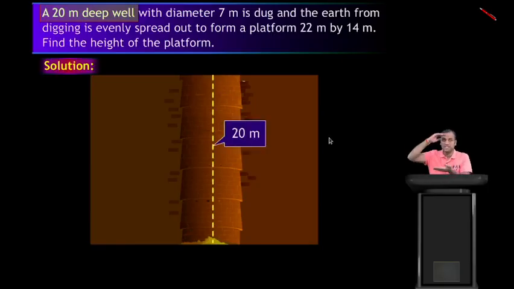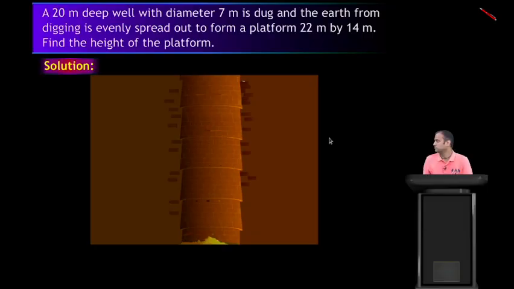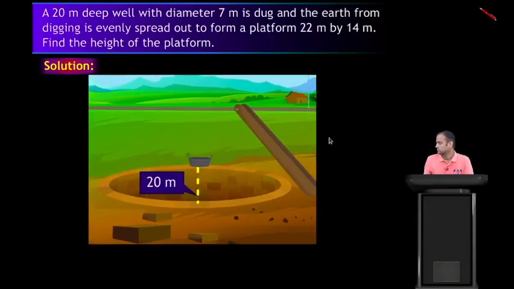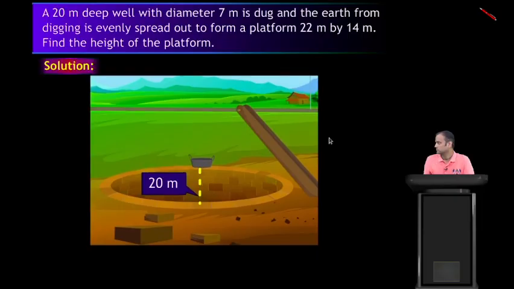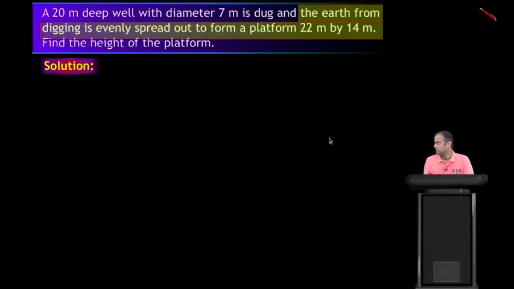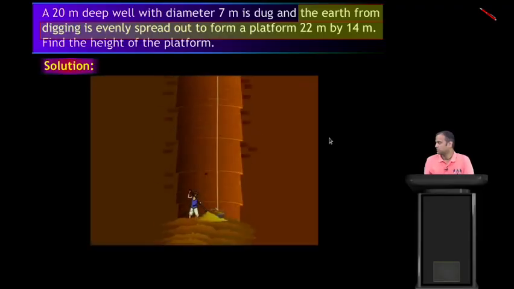You can say that this is the height of the cylinder. And the diameter is 7 meter, so we can find the radius, which is 7 upon 2 meter. So here we have h and r.